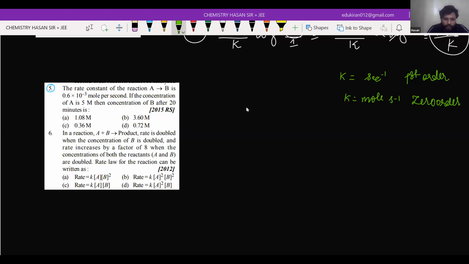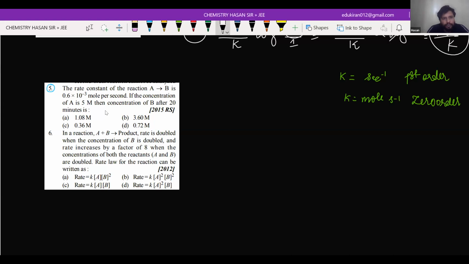Savage, what about you? Let me know if you're not able to do this. I'm going to show you, this is a zero order reaction, so you can apply the formula.